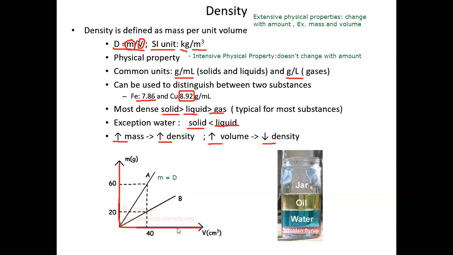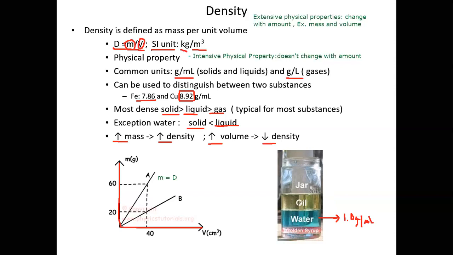Now, qualitatively, we can look at a picture and get a qualitative assessment of the densities of different substances. So for water, generally water is usually referred to as 1 gram per milliliter.